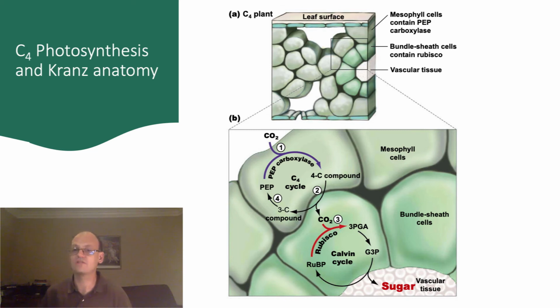The concentration of carbon dioxide remains high, as it's essentially delivered directly into the cell from the adjacent mesophyll cells through plasmodesmata. The Calvin cycle occurs within the bundle sheath cells using Rubisco. Photorespiration isn't a problem here because the carbon dioxide levels remain high and the oxygen levels low.